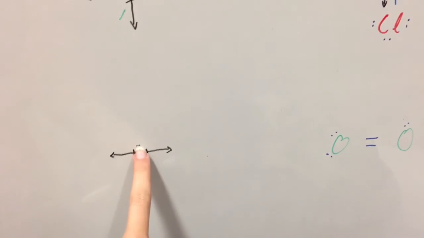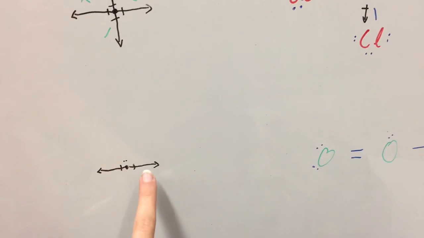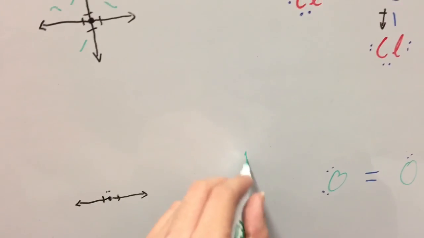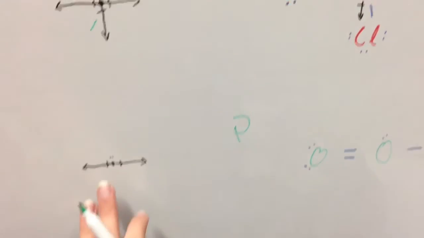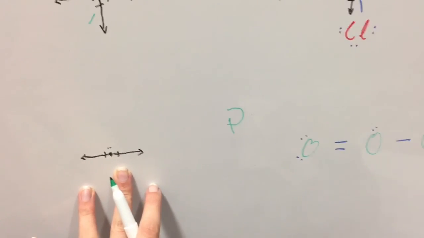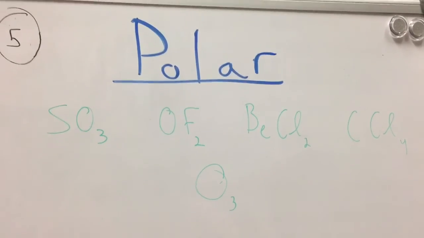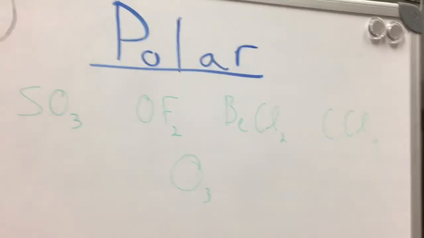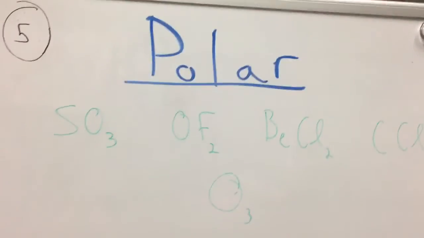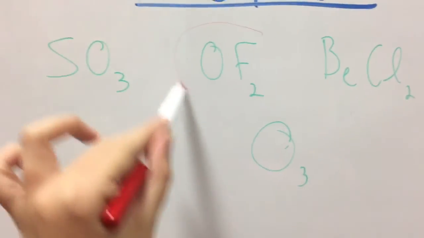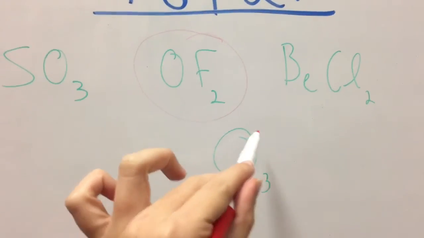And since we had 1 pair of unbonded electrons, it means this one's also going to be polar because our 3 domains are not equal. So after going through all the steps and we look back at the original molecules, we know that the only 2 polar molecules that we had were this one and this one.